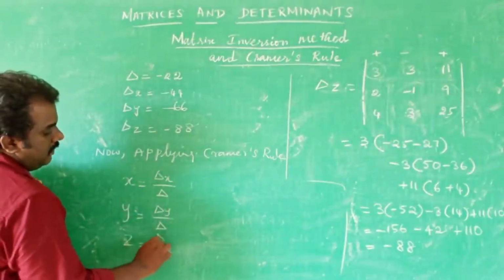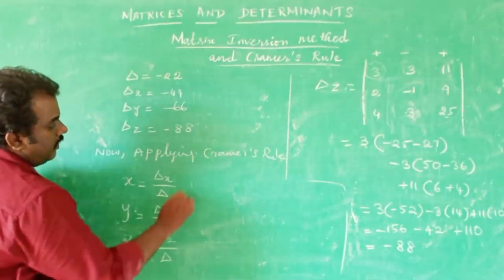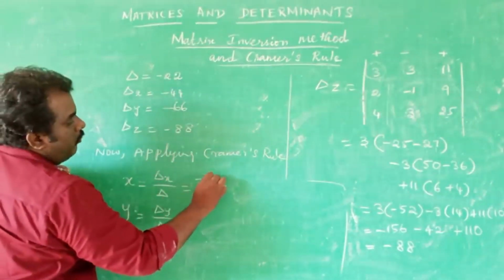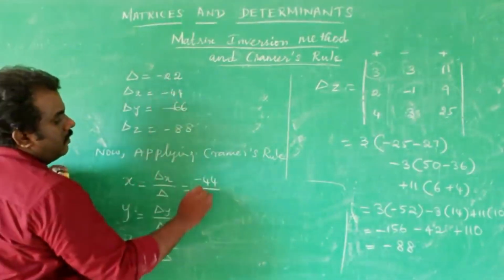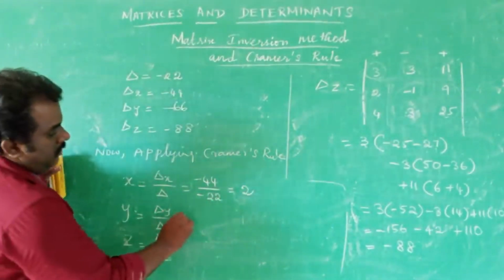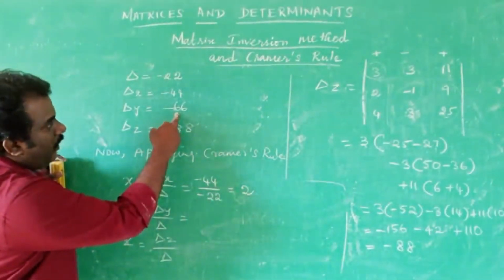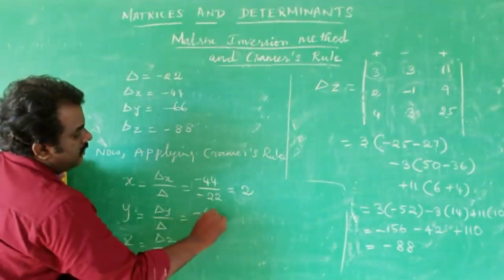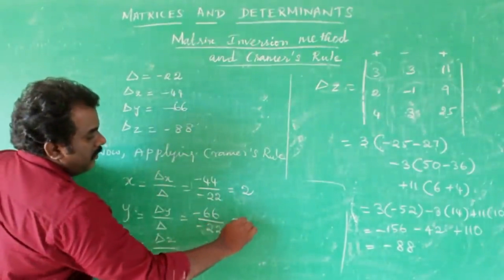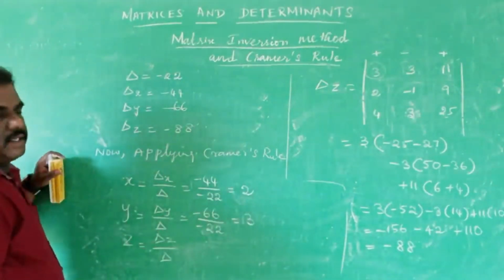How to find z: del suffix z by delta. What is del suffix x? That is minus 44. What is delta? Minus 22. The answer is 2. Del suffix y is minus 66 divided by del, which is minus 22. What is the value? The answer is 3.